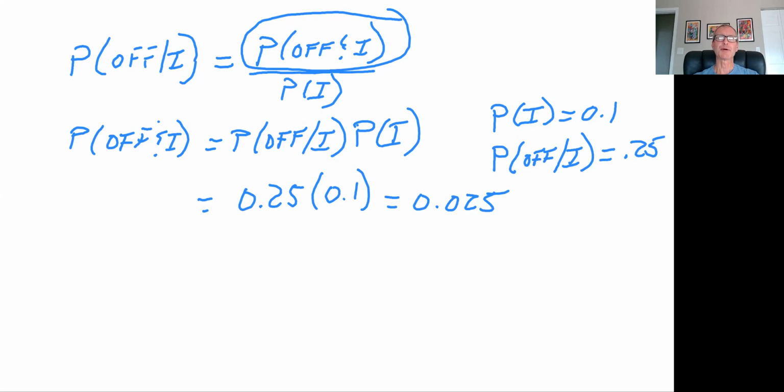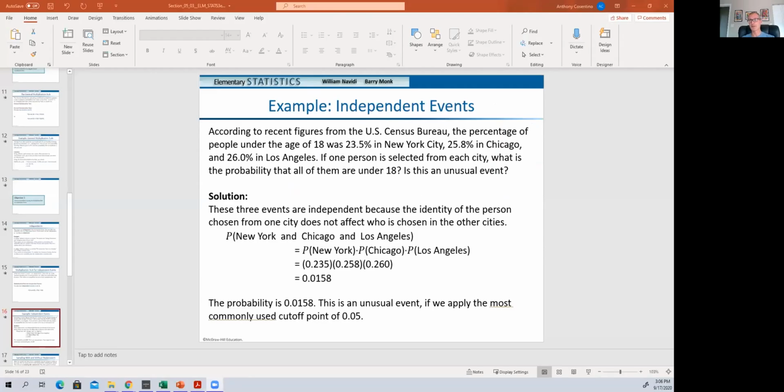So here's an example of some calculations where now the events are independent. Obviously getting an interview and a job offer are dependent events. These are independent. And so this says that the percentages of people under the age of 18 are 23.5 in New York, 25.8 in Chicago, and 26 in LA.